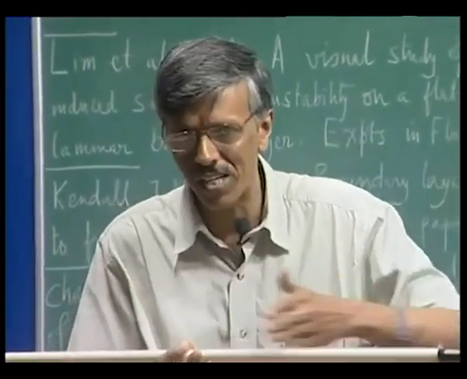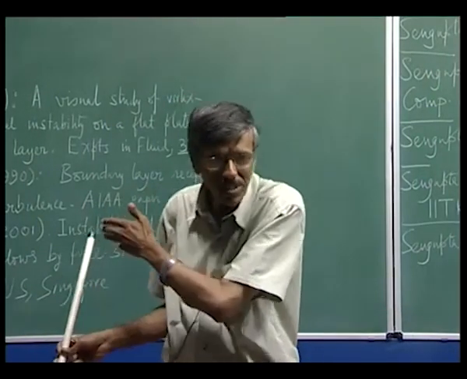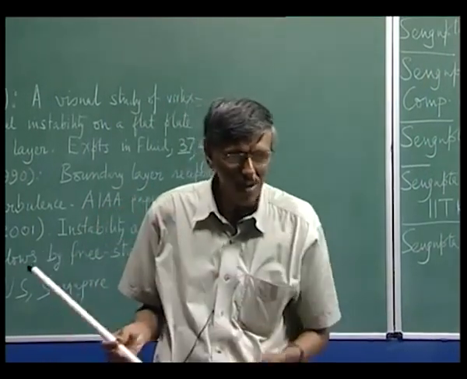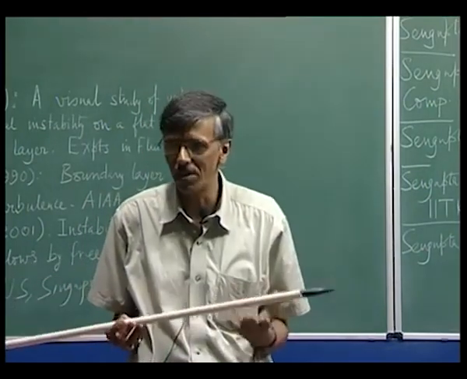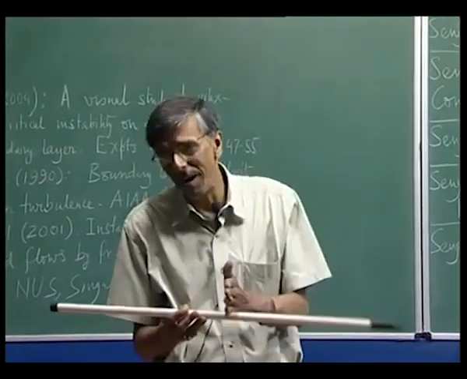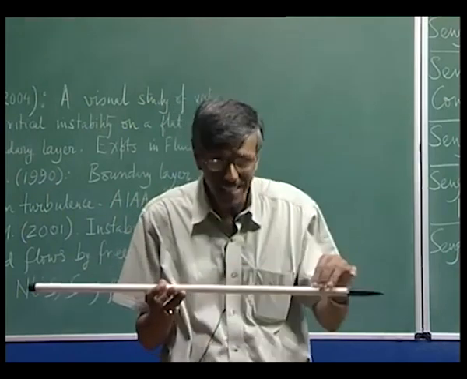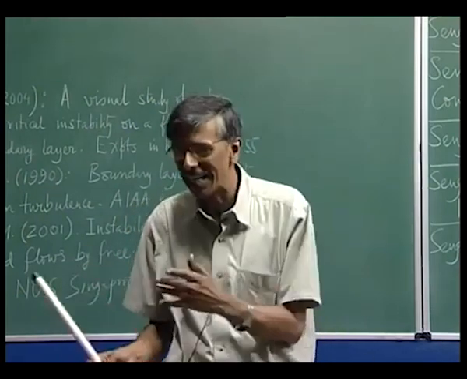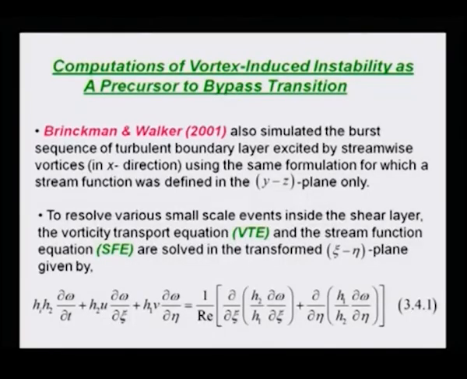So, if this is my x direction, if I study in the yz plane, then I am precisely seeing what we are seeing here. In a 3D flow, you do not have a stream function, you have a vector potential. But if I am studying in the yz plane, the effect of a vortex in the x direction, omega x, is exactly like my equivalent 2D flow. So, that is what they have done. They looked at the vortex in the x direction and studied the flow in the yz plane.